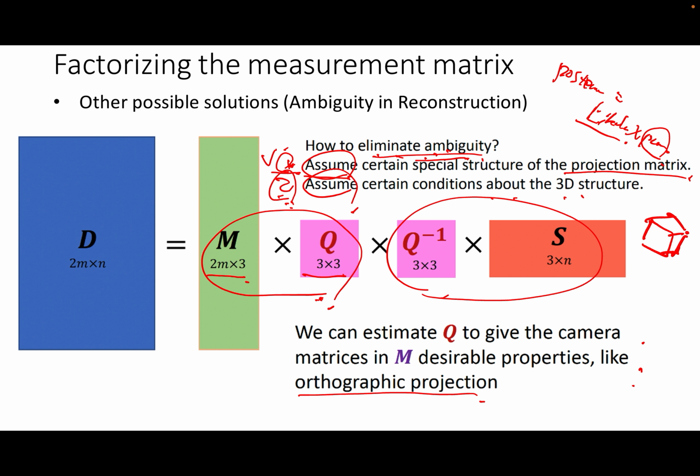As I said, the other way is assuming something in the 3D structure. If we know where these images are taken from, for example a classroom, then we can use such a cubic structure to give some constraint to the matrix S here, so that we can relieve the ambiguity of our SfM.